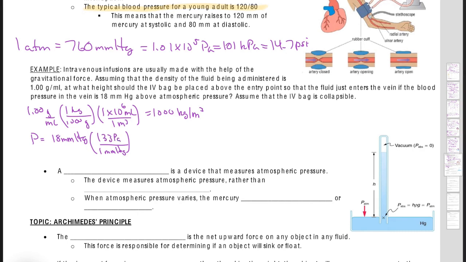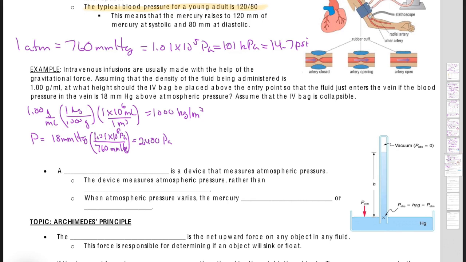You can also use the atmospheric pressure ones if you want something more realistic, and it doesn't matter because you would get the same answer. So 760 millimeters of mercury is 1.01 times 10 to the 5th pascals, and that would tell me it's going to be 2,400 pascals.